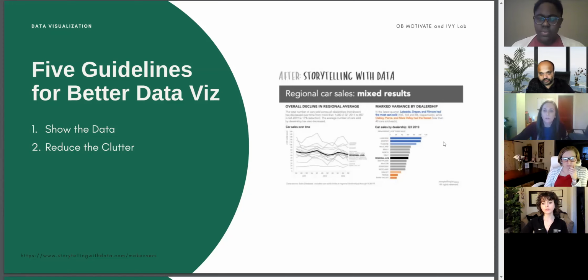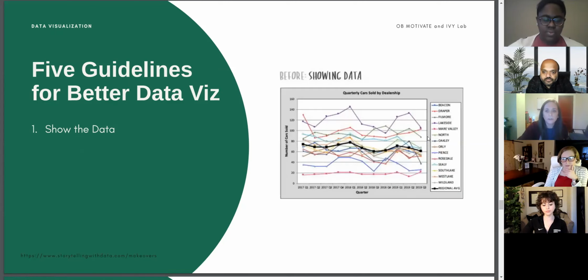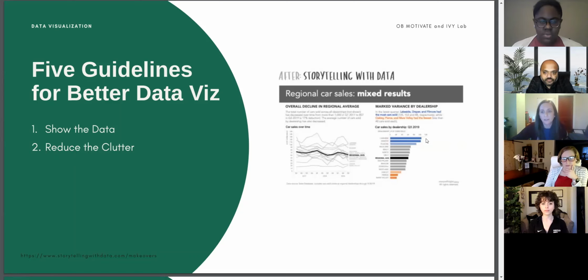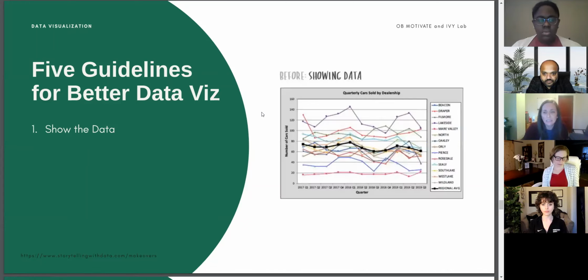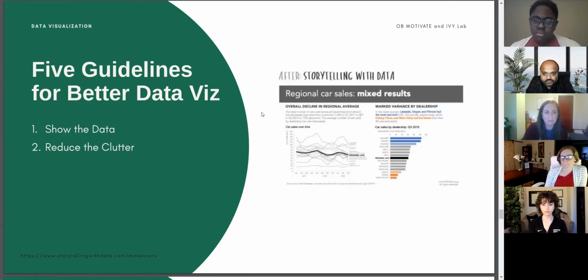And they've also included a different data element, which is the variance, to show that this purple dealership up at the top, they have the highest variance in car sales over the quarter. So maybe if their regional manager wants to engage, they kind of know where to start. But those take-home messages are really almost impossible to pull out of this first graph. So it helps to reduce the clutter.